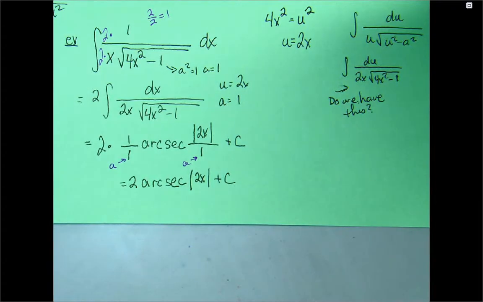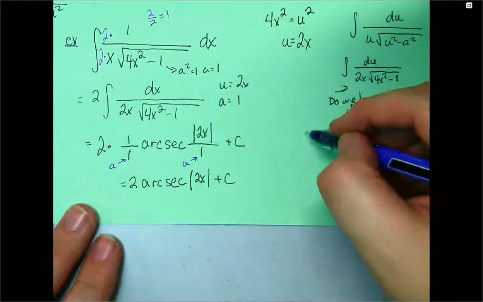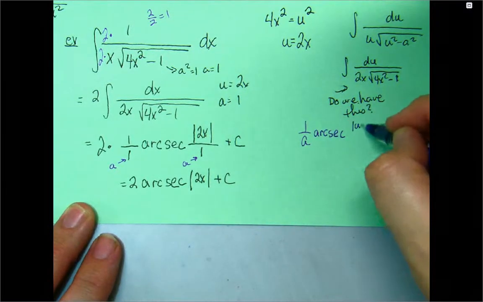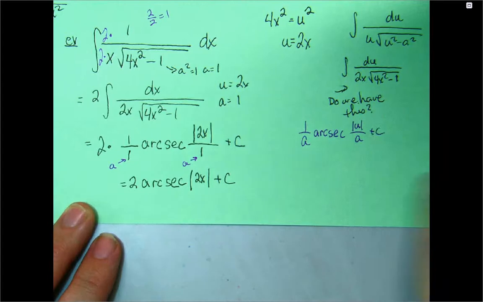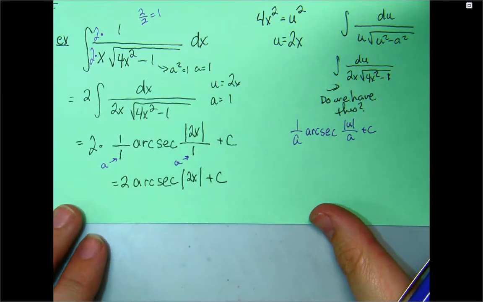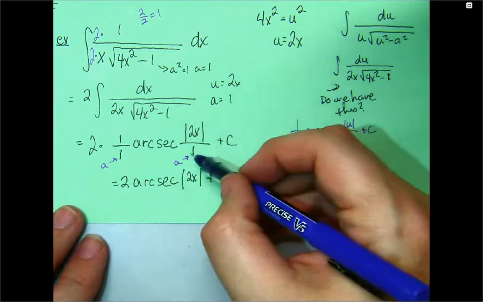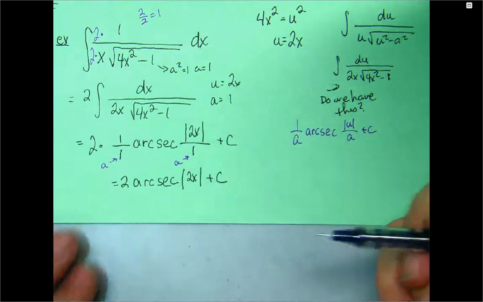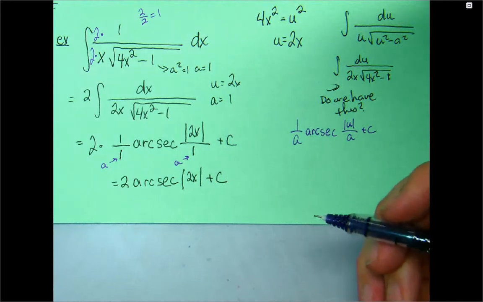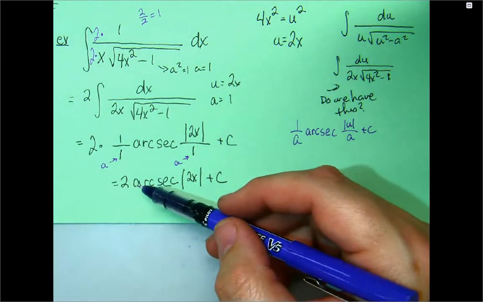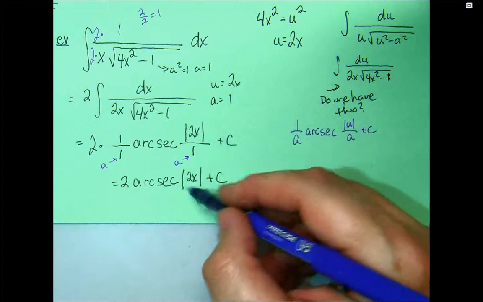The rule is 1 over a times the arcsecant of the absolute value of u over a, plus c. That's what the integral should be. Over 1 is just going to be the absolute value of 2x. The 2 is out front, so we leave it out front. And this represents the angle, and it says that whatever the angle is, it's going to be positive. Yes?